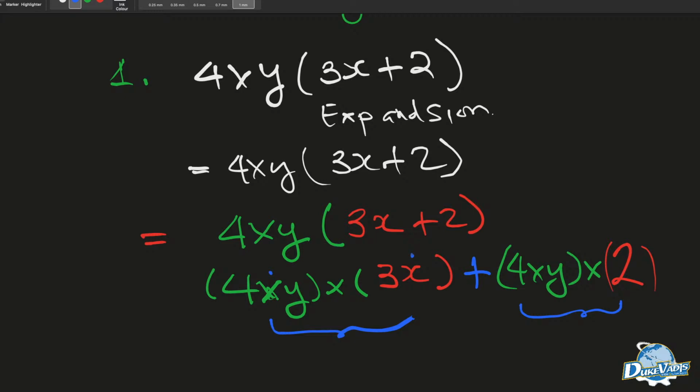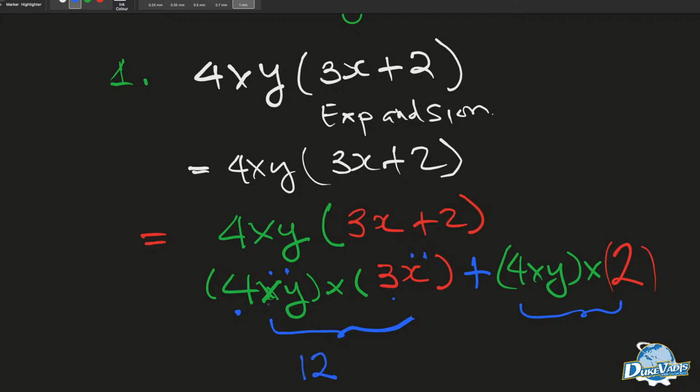When it comes to indices, x has a coefficient of 1, even though we don't write it, and this one too has a coefficient of 1. If I multiply 4 by 3, I get 12.